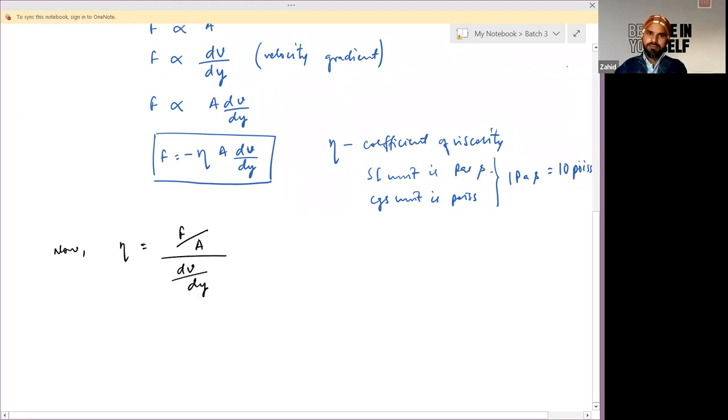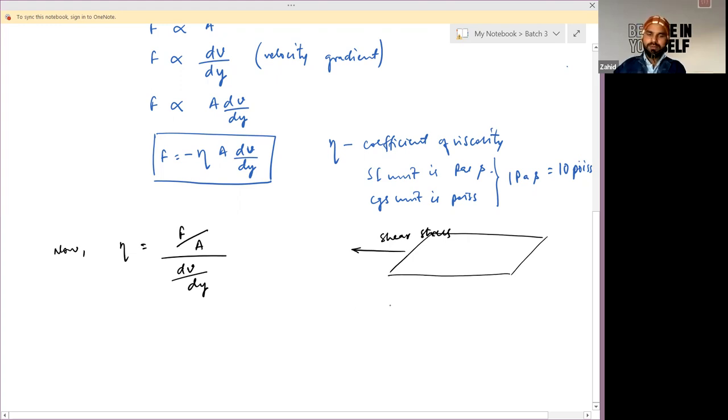F by A is nothing but, since you have a surface like this and there is an opposing force tangentially along this direction, this force tangential to the surface per unit area is called stress. So we can write this as shear stress.